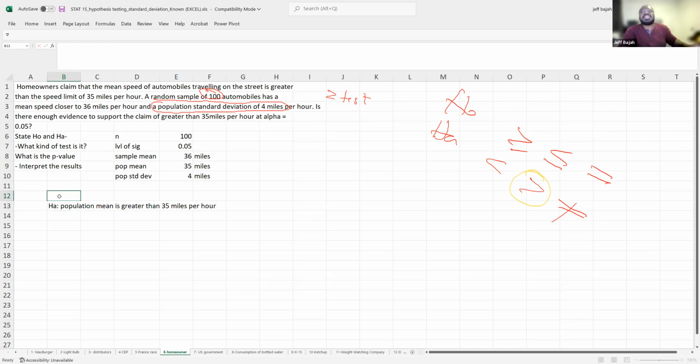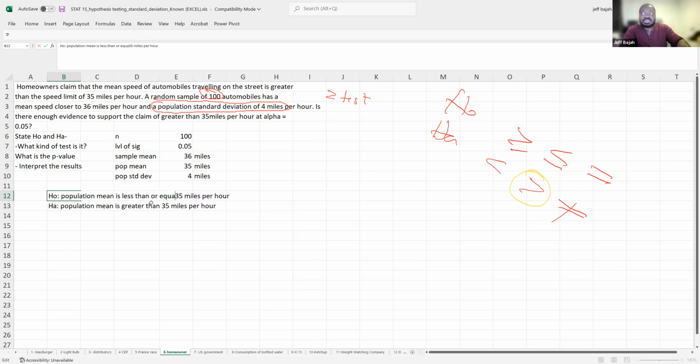If this is wrong, definitely everything is wrong, so we don't want that to be the case. The opposite will be H sub O, so it's going to be less than or equal to.